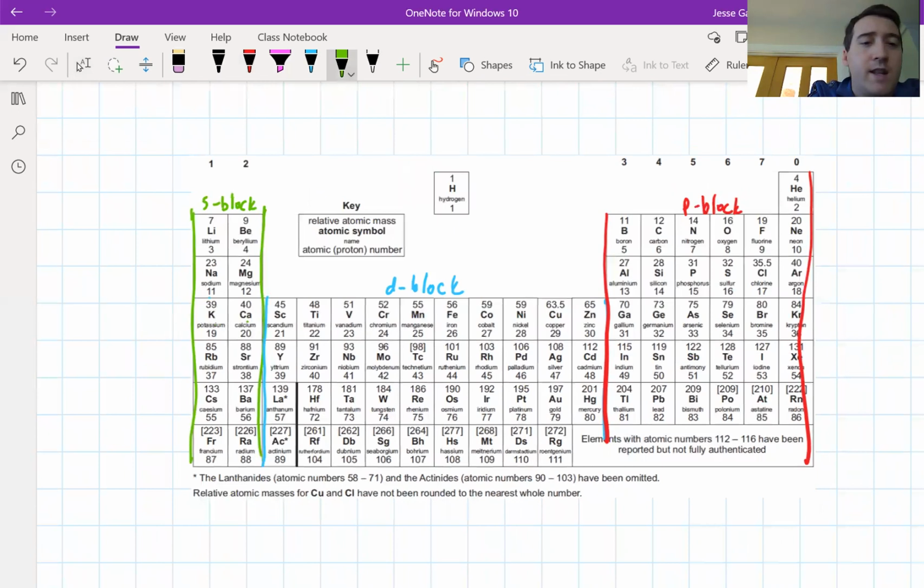Okay, so we know that this first line here shows us the n equals 1 energy level. The next period shows us the n equals 2 energy level, and n equals 3, and so on, n equals 4. We're not going to worry about the next one, which would be n equals 5.